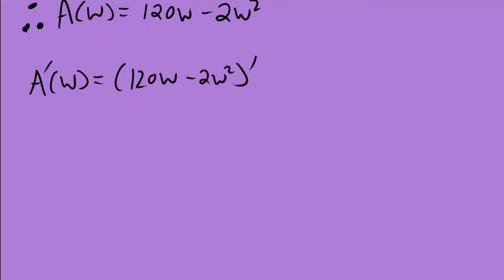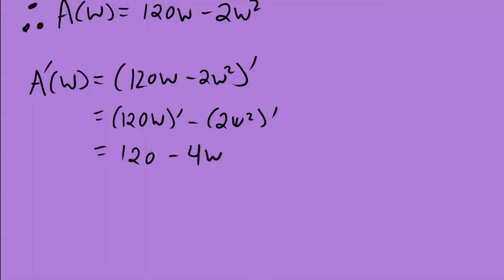Of course, we know that the first derivative splits over sums or differences. So this is really the derivative of 120W minus the derivative of 2W squared. And by the power rule, we know this is 120 minus 4W.